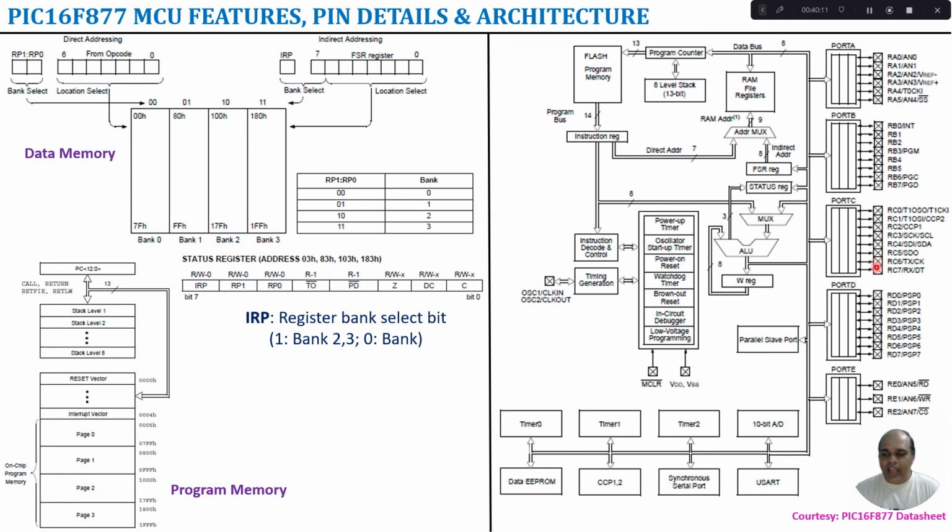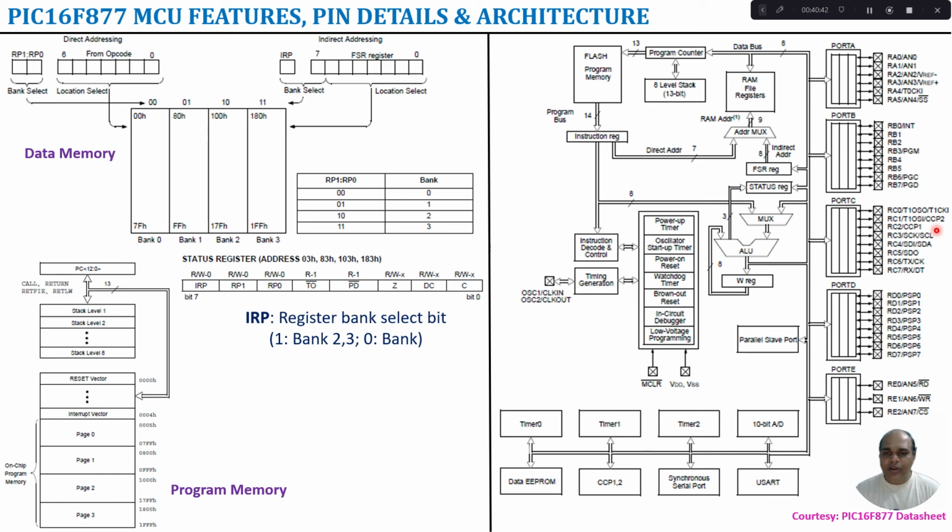In port C, again I have 8 digital pins RC0 to RC7, and it is multiplexed with other functionalities like timer 1 functions. T1 stands for timer 1 functions. Then CCP modules. CCP modules are capture, compare, and PWM modules. We have 2 in number, CCP1 and CCP2. In the same way I have functionalities for the SPI protocol.